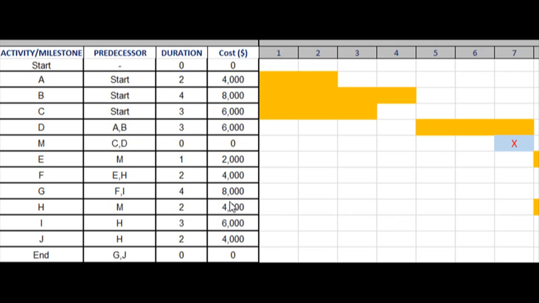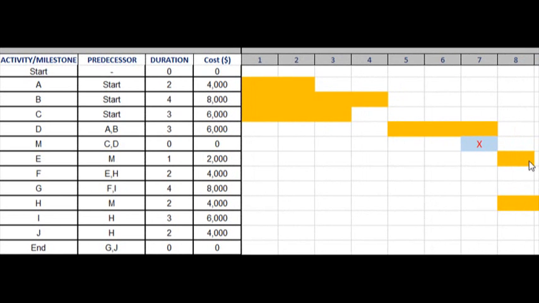Okay, our next activity is E, a period in length, dependent upon M. So here's our E. F is dependent on E and H. H here is also dependent on M, and is 2 periods long.